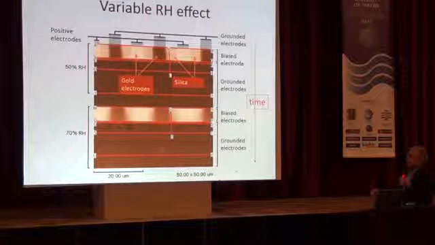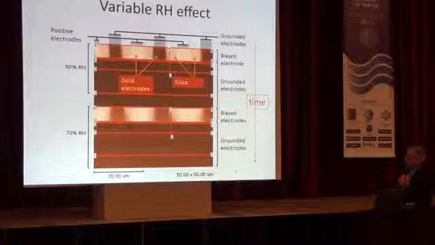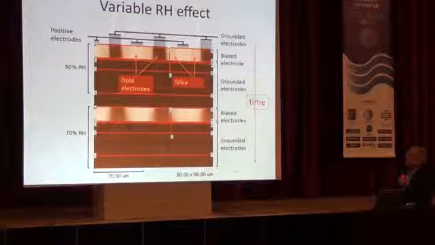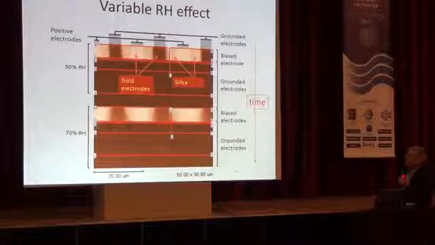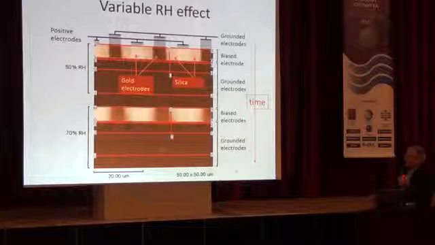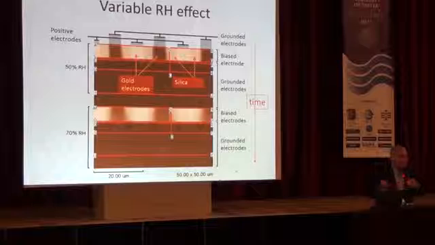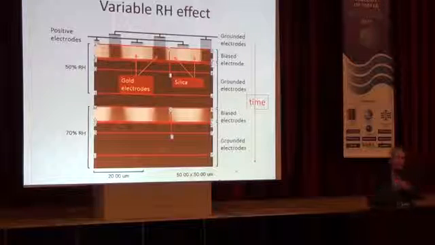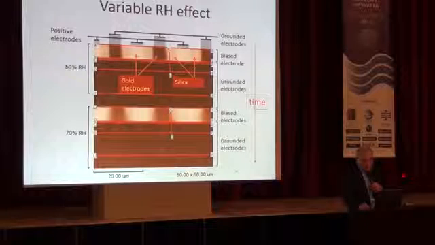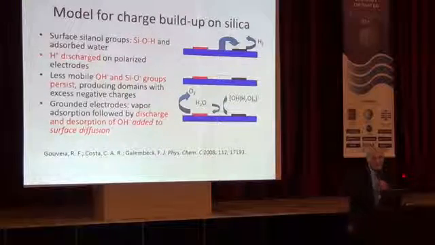Here, everything is grounded. Here we start again to scan, but at 70% relative humidity with positive electrode here and negative here. And then we see negative charge spreading over the silica. So somehow charge is going out of the electrodes, and that's strongly dependent on the relative humidity.